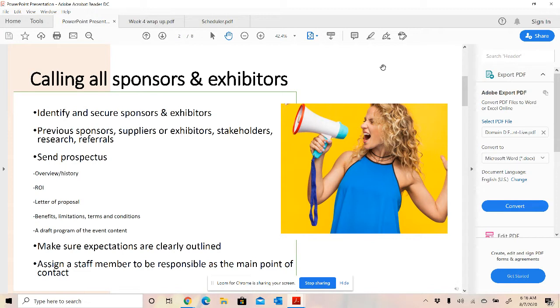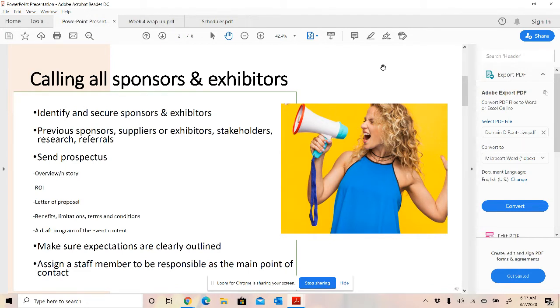You want to list all the benefits, list the ROI, do a formal letter so they can submit it for approval. Again, listing the benefits, any limitations. What are you expecting? And you also want to include a draft program of the event content.